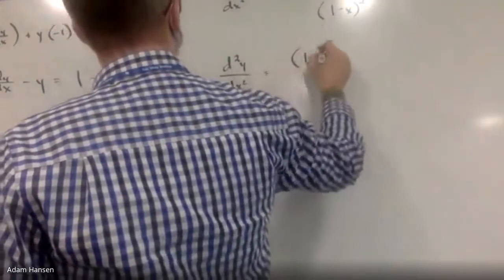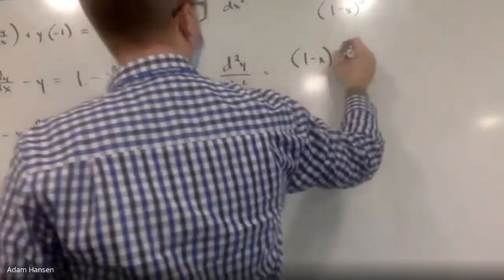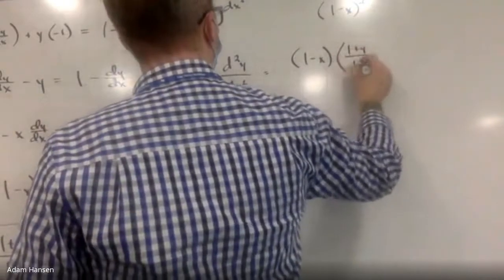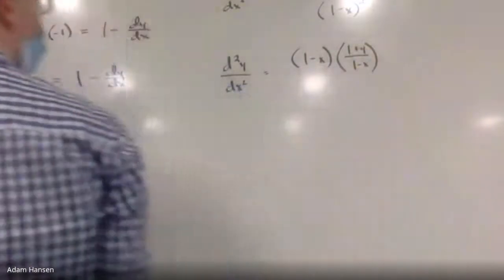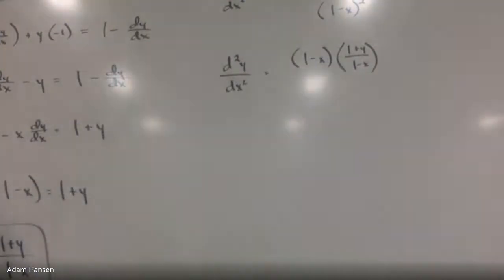So 1 minus x times 1 plus y over 1 minus x. See, these are both double negatives.